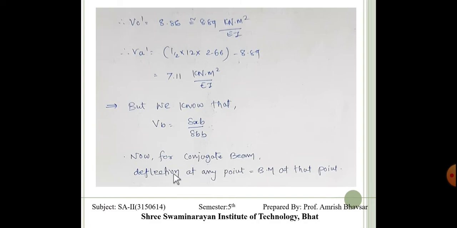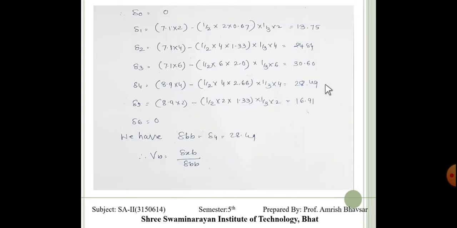Now for the conjugate beam, deflection at any point is equal to bending moment at that point, that we know. So delta 0 is equal to 0. Delta 1 is equal to 7.1 into 2 minus 1/2 into 2 into 0.67 into 1/3 of 2, which is equal to 13.75.